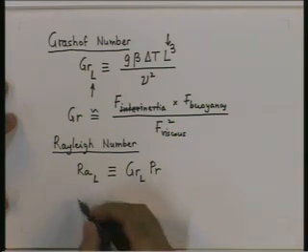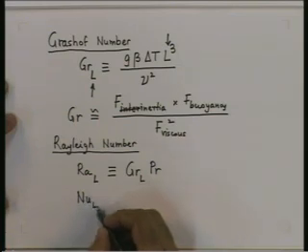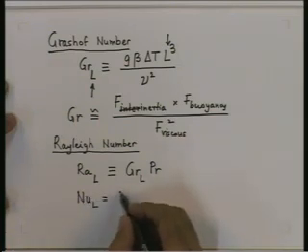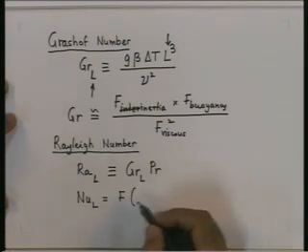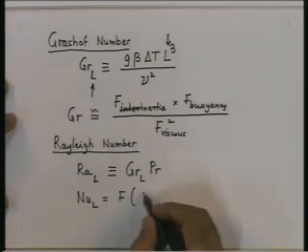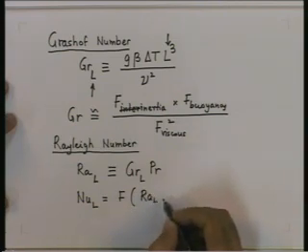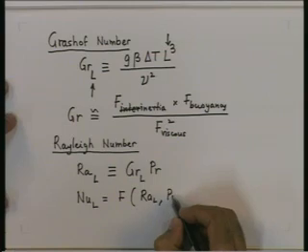And because of this, the correlations for natural convection would usually be written down as Nusselt number as some function of either Grashof number or Rayleigh number and Prandtl number.